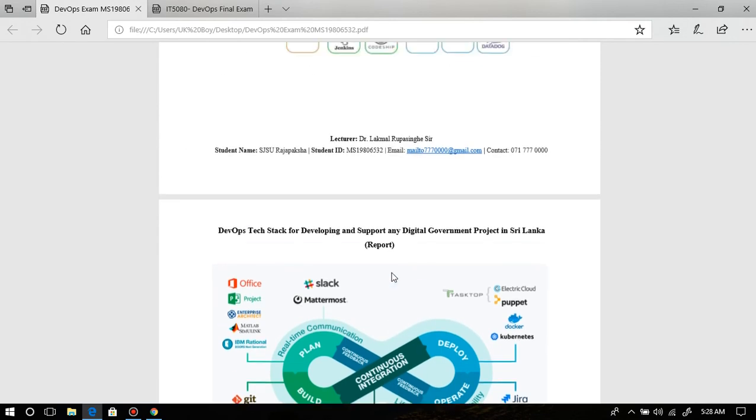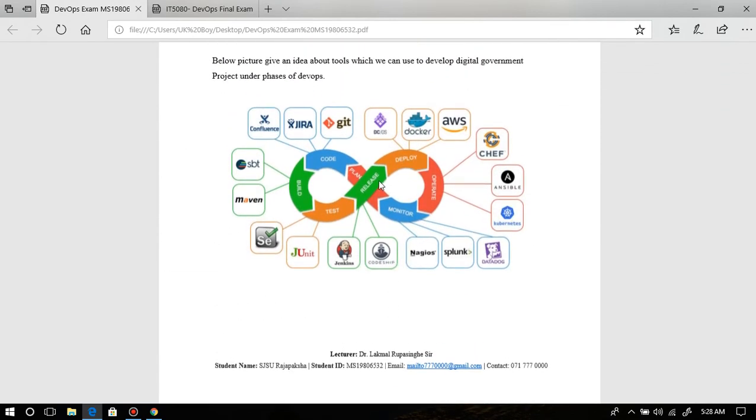There are several stages, starting from planning, coding, build, test, release, deploy, operate, monitor, and again, if we want any new thing or other changes, we can plan again, just like an SDLC.